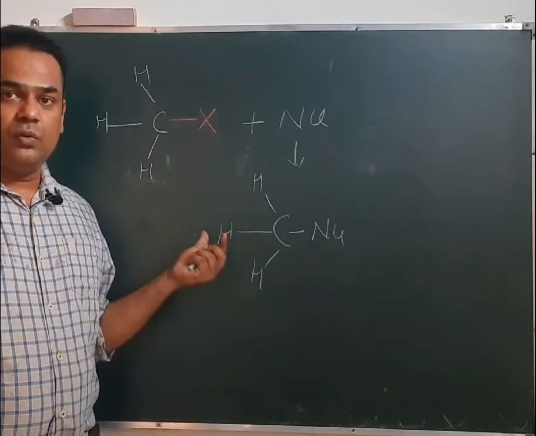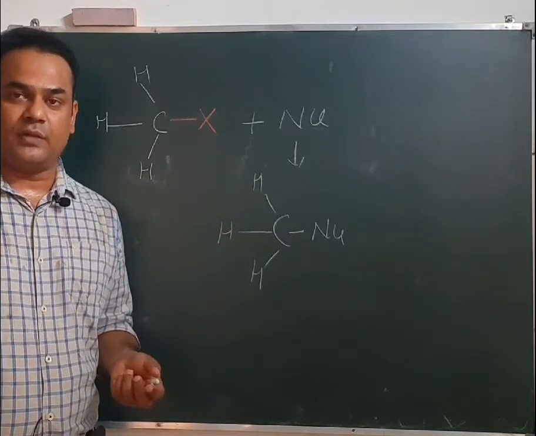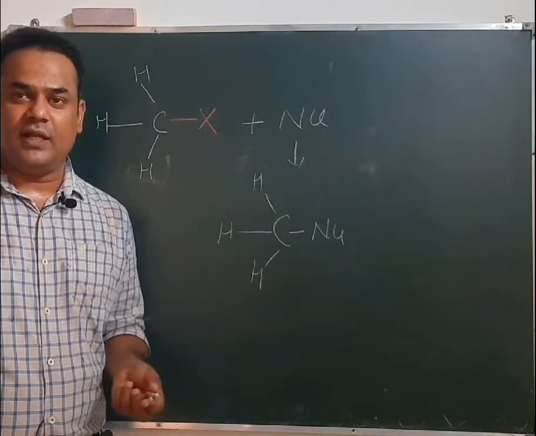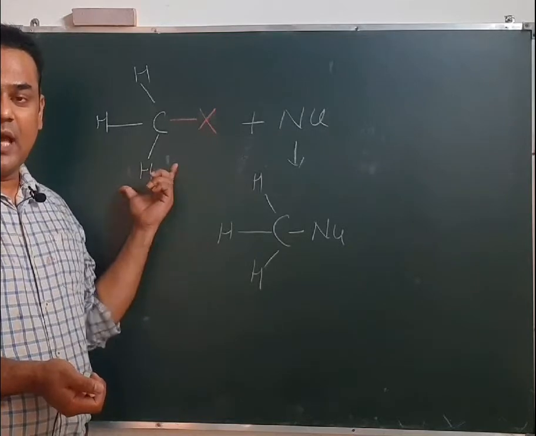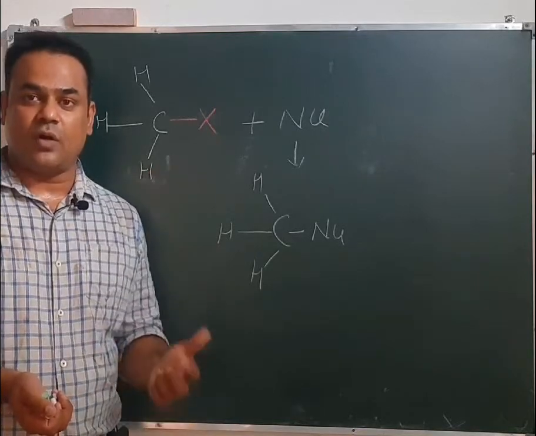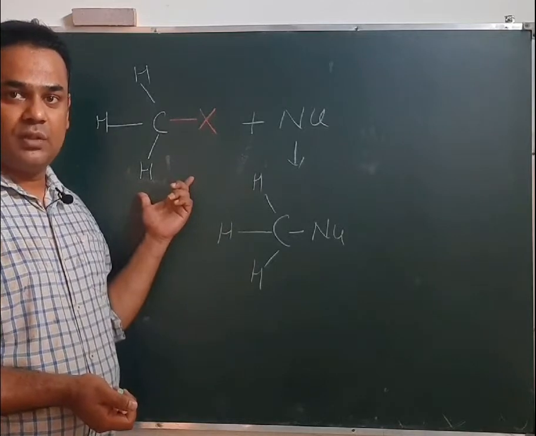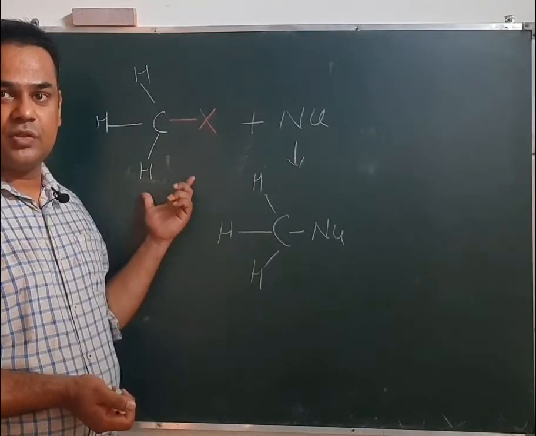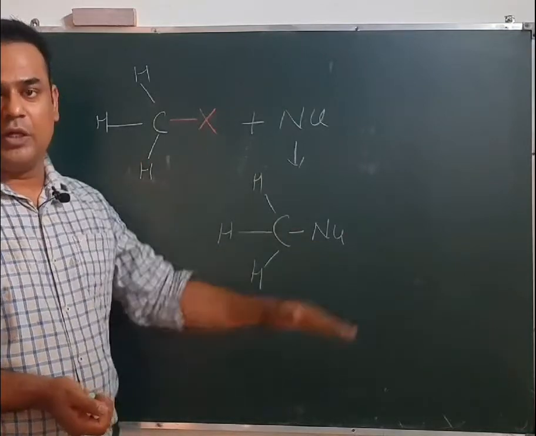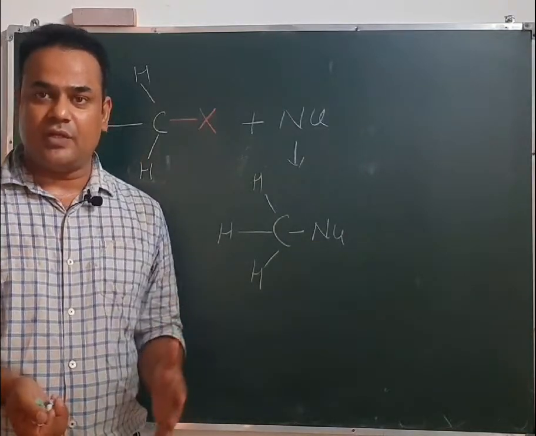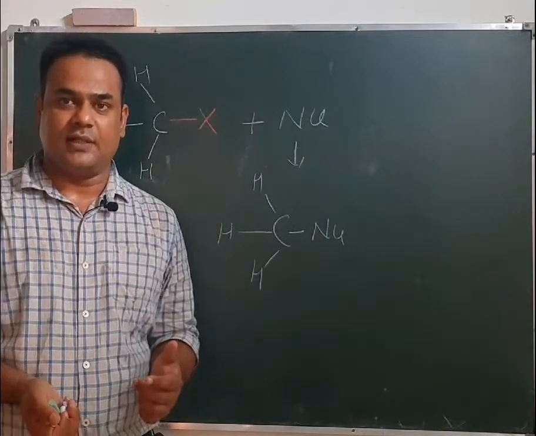If I ask you whether this reaction will go via the SN1 pathway or SN2 pathway, now you can answer very clearly: as it is a halomethane, and in halomethane SN1 is not possible, this will be an SN2 reaction. SN2 means bimolecular nucleophilic substitution reaction, in which bond formation and bond breaking both take place simultaneously.